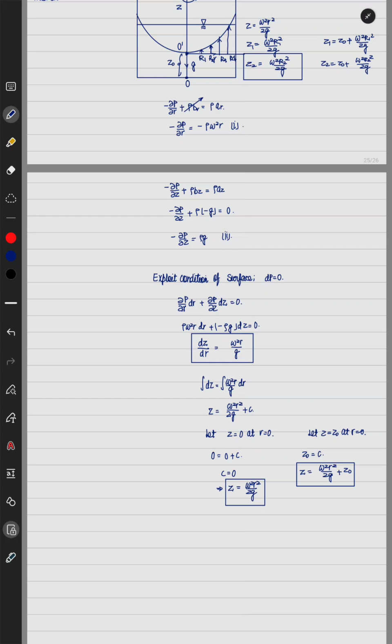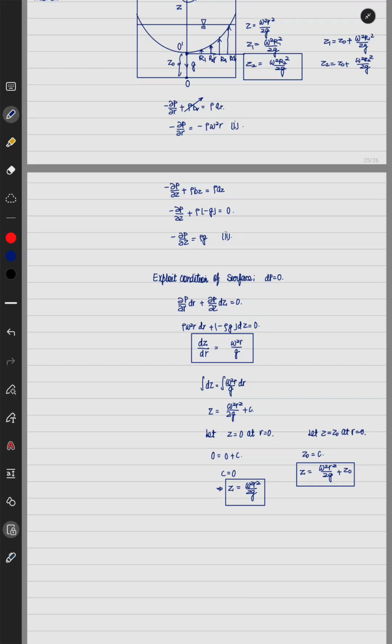In one problem, we used the differential approach and showed that the concepts we discussed in the last class verify the same result. Then we found the equation of the surface if a body is accelerating in the x direction, or if it is rotating with angular velocity omega.